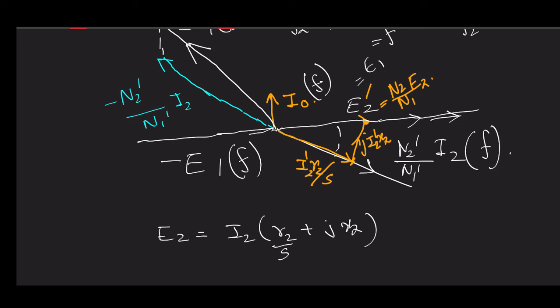Now we can find out I1. And what is V1? V1 is equal to I1 R1 plus jX1 minus E1. So draw I1 R1, then draw I1 jX1, then join it to figure out your V1.